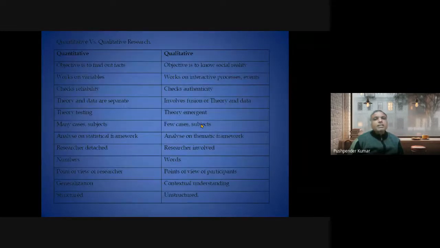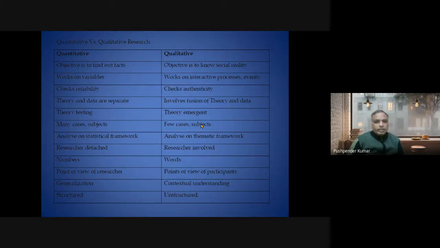So here is the last slide of today's discussion, difference between quantitative and qualitative. Quantitative objective is to find out the facts. Qualitative objective is to know the social reality, people, culture, groups, their behavior, what they do, why they do, why they interact, why people like these particular activities, why people hate, why do people love, why do people interact, right?